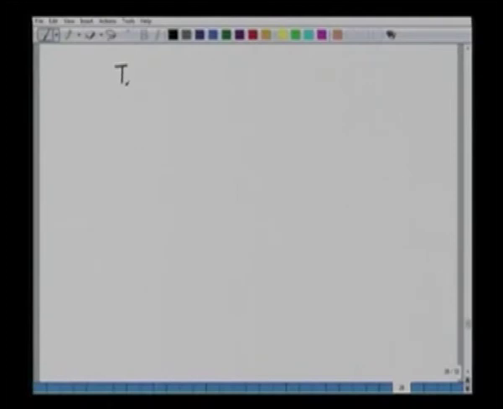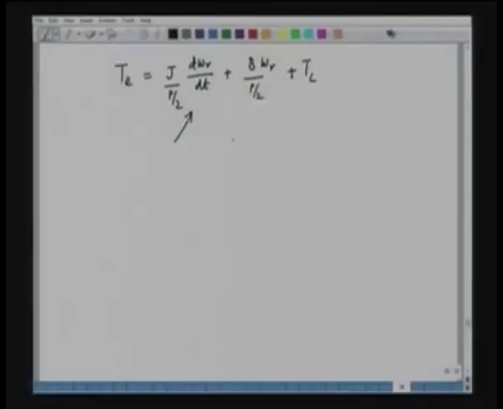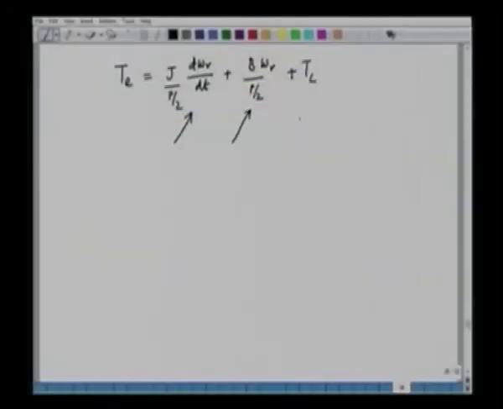In the mechanical system, we have to solve the electromechanical equation, that is the torque Pe is given as J d omega r by dt by P by 2 plus B omega r by P by 2 plus TL. Pe we already know, this is the torque of a synchronous machine, and we will be equating that to the inertial torque, the viscous friction torque and the load torque.